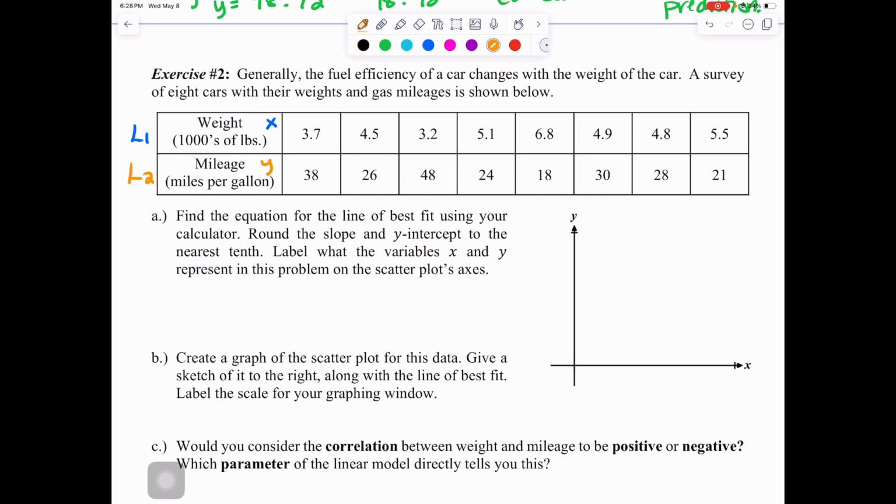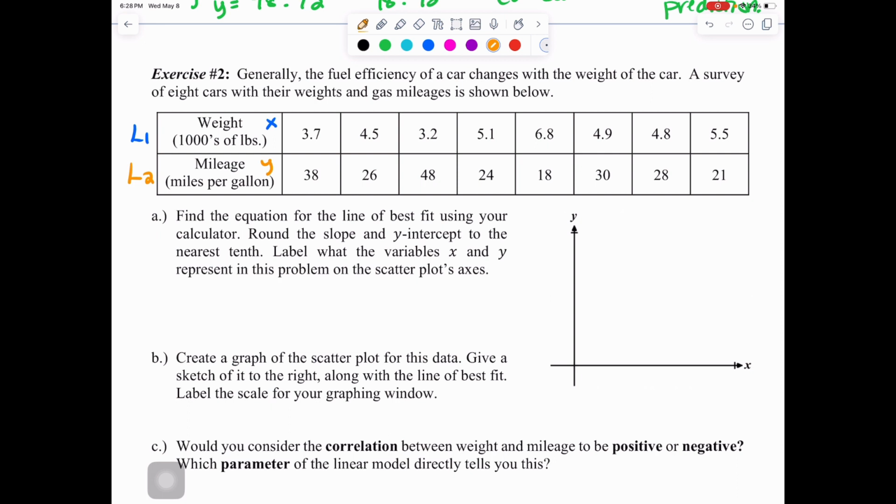For my y values, I'm going from a low of 18 to a high of 48. So I have to make sure I can reach that on my graph. So you might want to consider a break. I will tell you I did a break in both places. You're definitely going to want to do a break on the y-axis, but I want you to try to practice from yesterday how to make that appropriate scale.